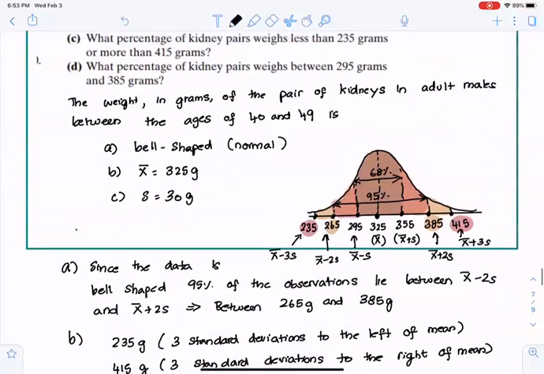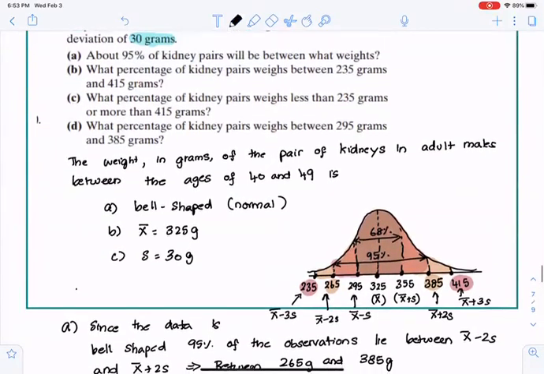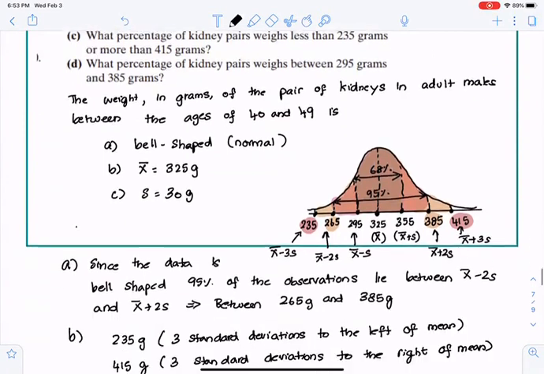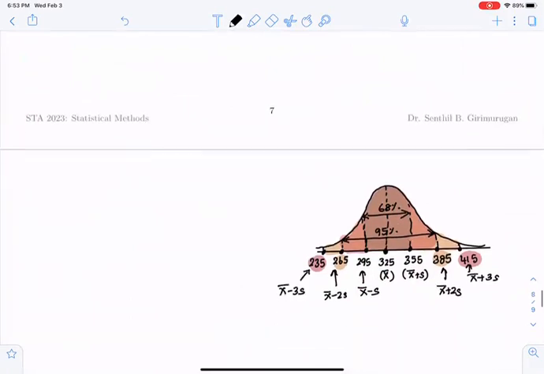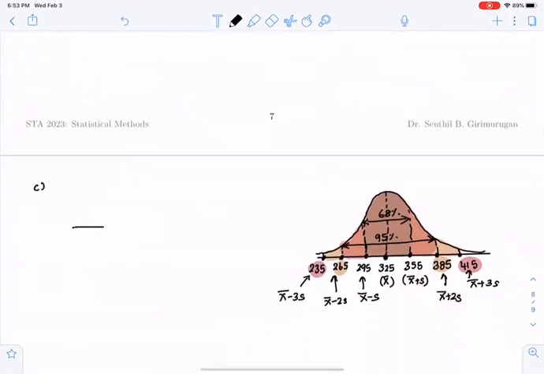Part C would like to know the percentage of kidney pairs that would weigh less than 235 grams or more than 415 grams. So in our reference picture, I know that 235 is right there and 415 is over there.